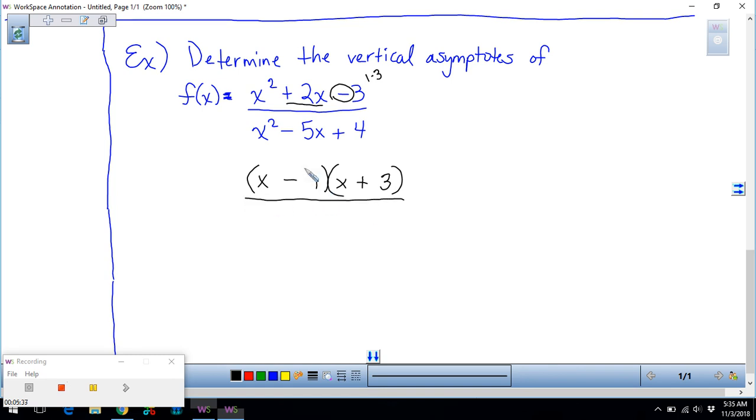Now let's factor the denominator. We have x squared minus 5x plus 4. So our factor pairs of 4 are 2 and 2 and 1 and 4. And we need the pair that will combine to give us 5 in the middle. So we're going to use the 1 and the 4.